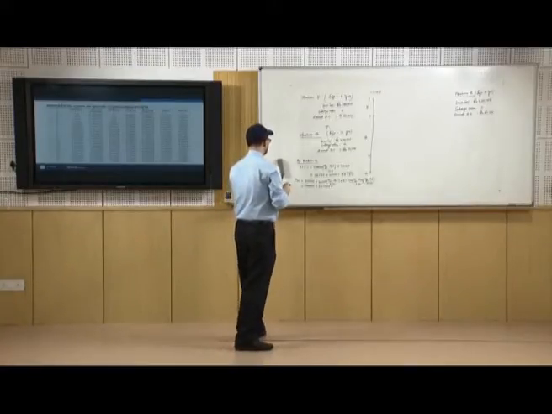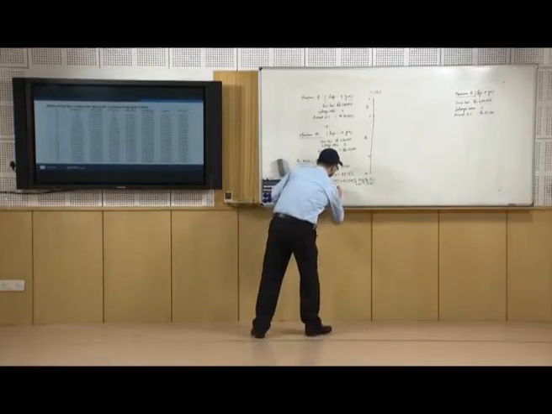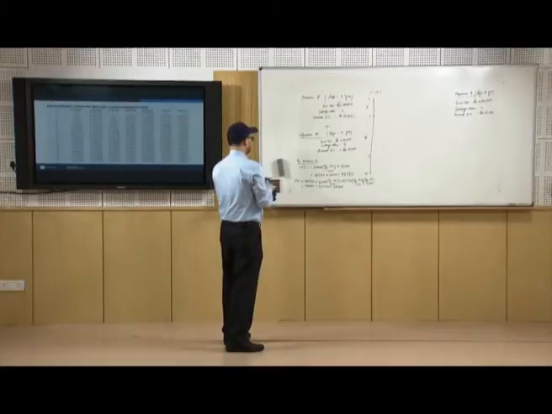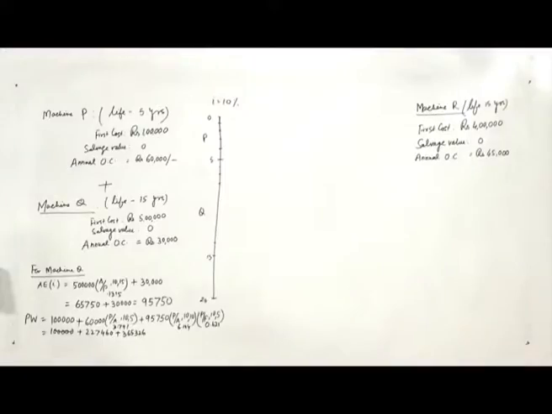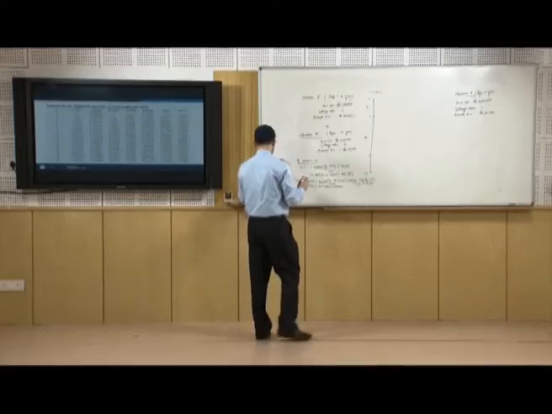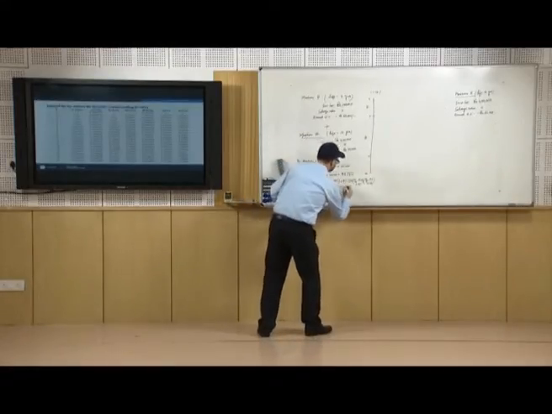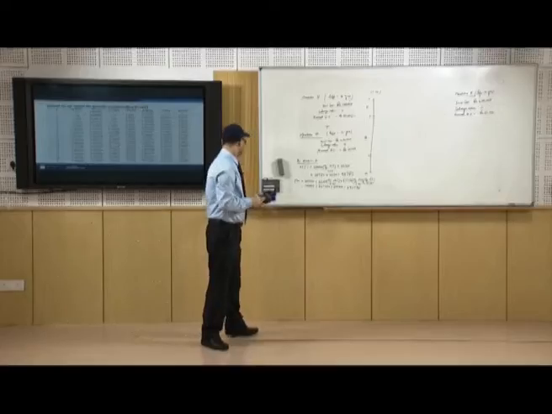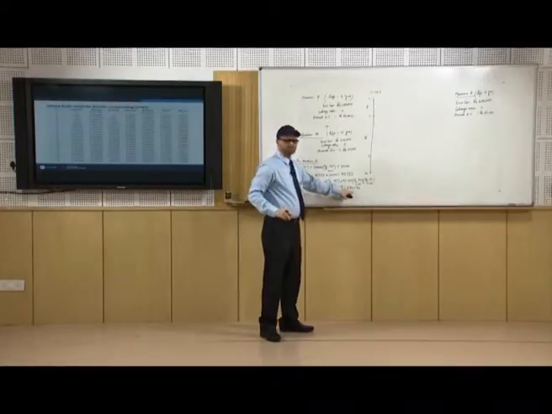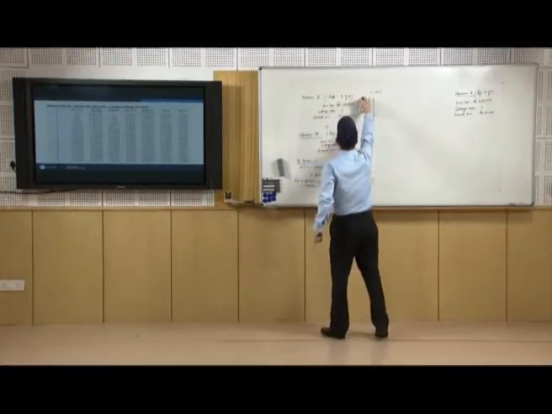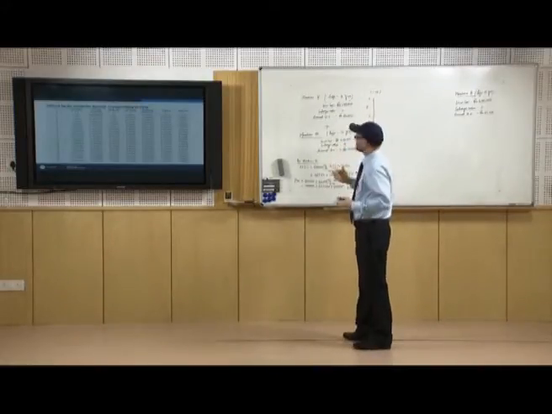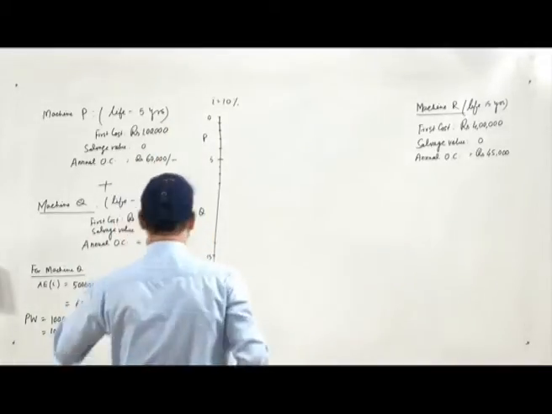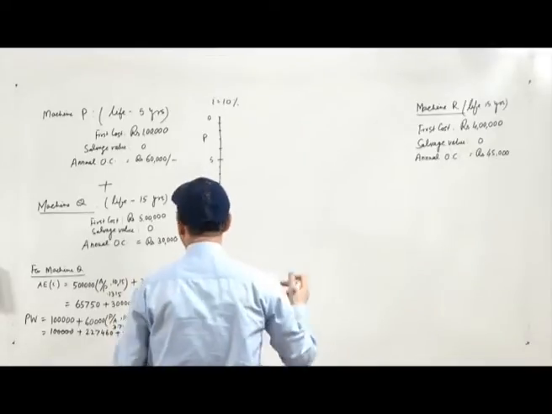So, that is 365,326. So, this one is added to these two quantities, and this comes out to be 692,786. So, this quantity is the present worth for this plan in which machine P will be followed by machine Q. Now, let us see if we go for machine R.